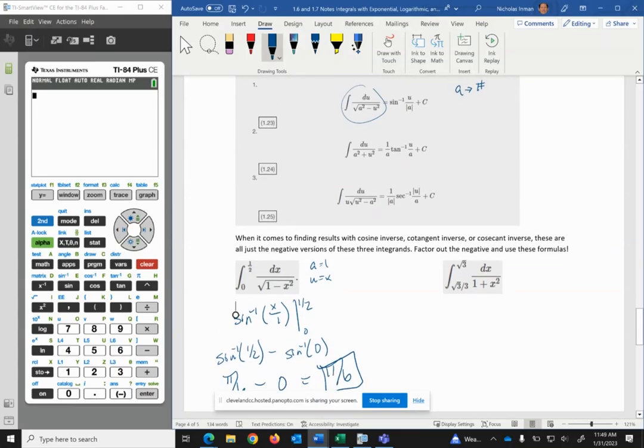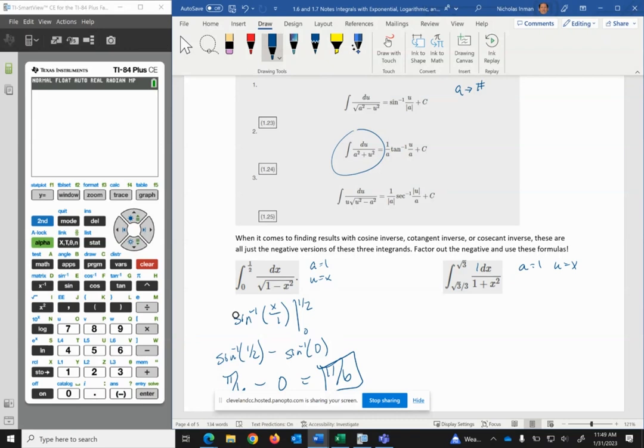All right, next one here. I am seeing the integral of 1 over 1 plus x squared. Well, that's that. Here we have again our a is 1 and our u is x.